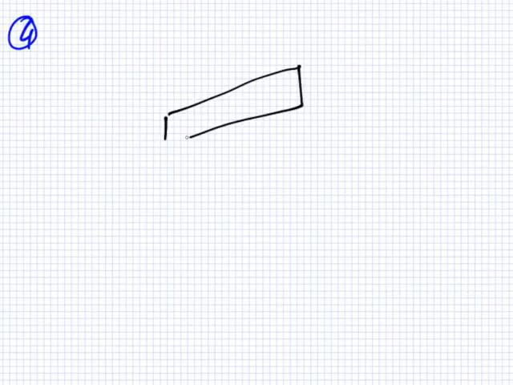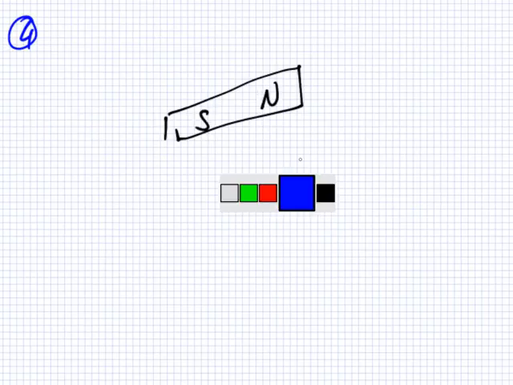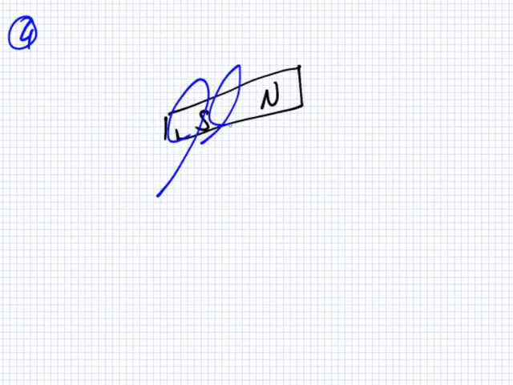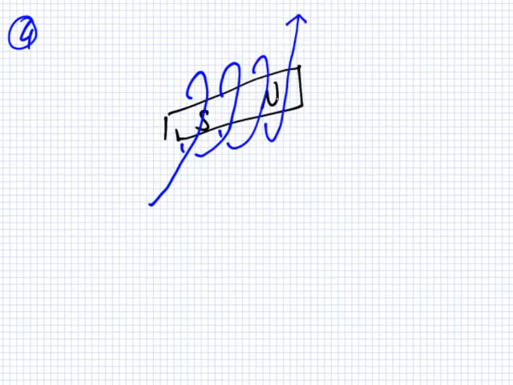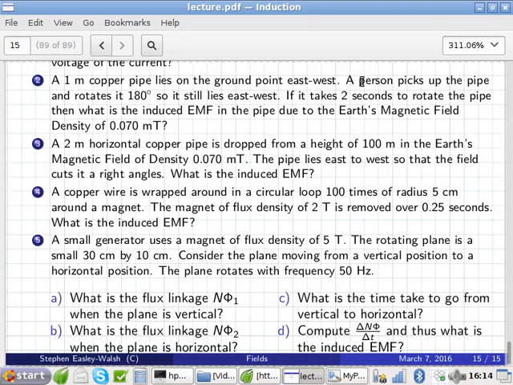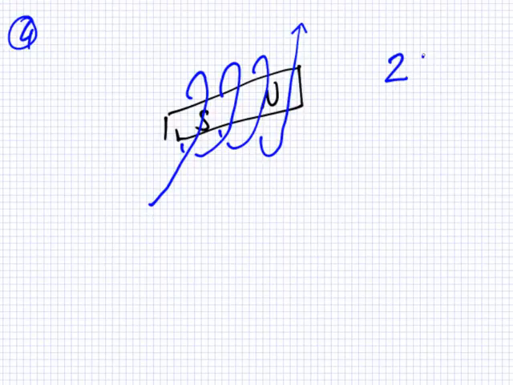So, what's happening here in number 4? You have a magnet, north-south, and you have this wire going around it, 100 times. Now, in this example, the B is changing, because at the beginning you have a magnet of 2 Tesla.